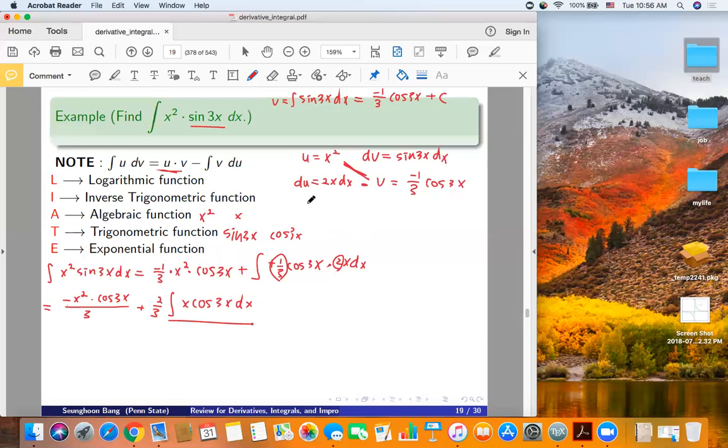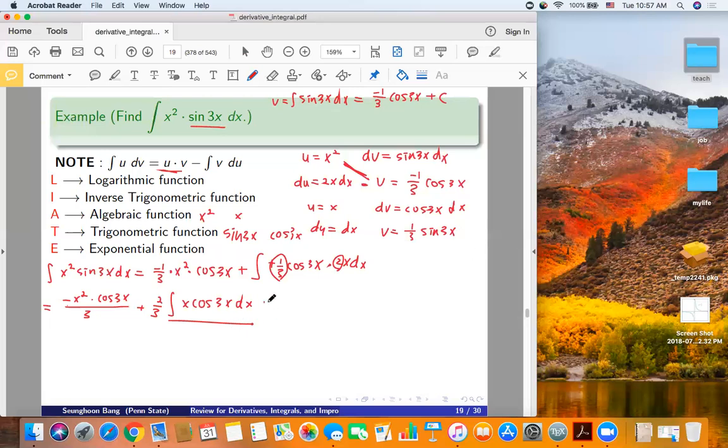So what's u? u equals x, and dv equals cosine 3x dx. What's du? x prime is 1, so du is just dx. The v is the integral of cosine 3x, which is 1/3 sine 3x.